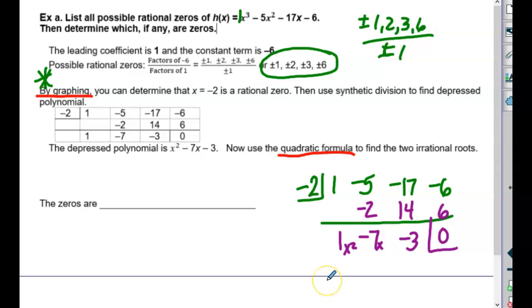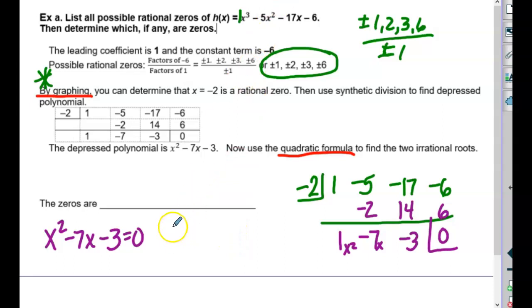Does that factor? No, it does not. Okay? So we have x squared minus 7x minus 3. We can't factor. Does anybody remember what always works to find the zeros, even if it doesn't factor? Quadratic formula, does that sound familiar to anybody?